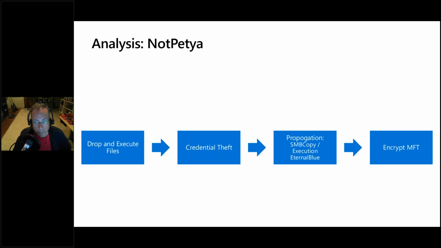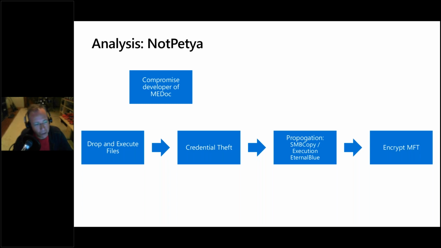But what we want to remember is that actually started a little bit earlier, right? The adversaries first compromised the developer's device at an organization called MEDoc, which makes accounting software that's used throughout most of the Ukraine. In fact, they have over 90% market share, or they did at the time. Actually, I have not checked their market share numbers lately, but that's how they became so prevalent within the Ukraine and within people who did business with the Ukraine.